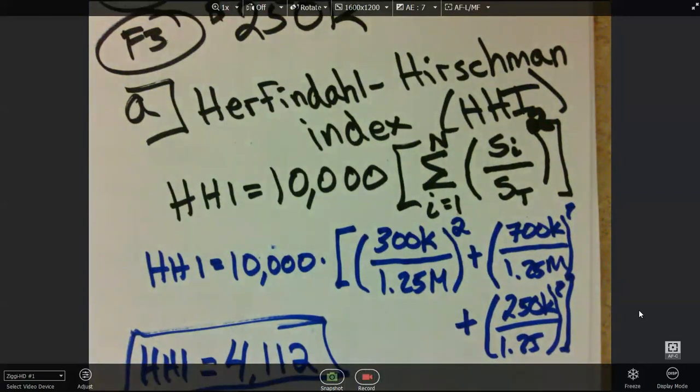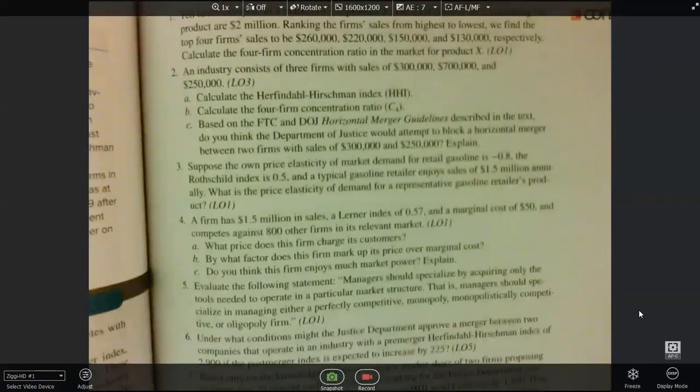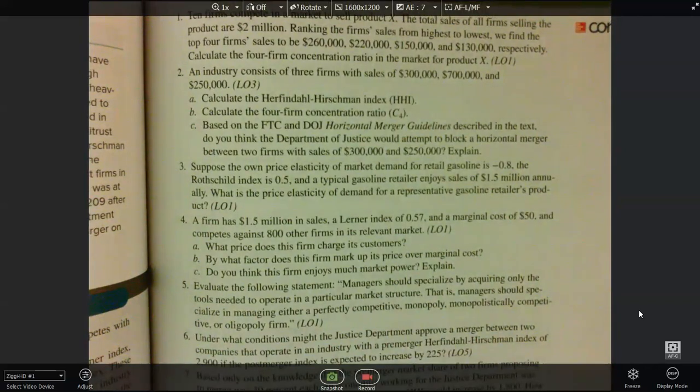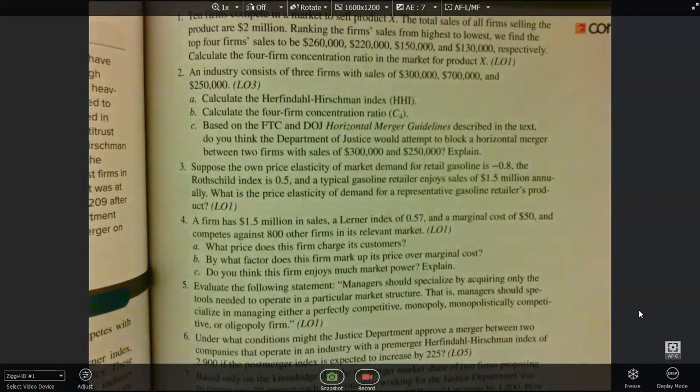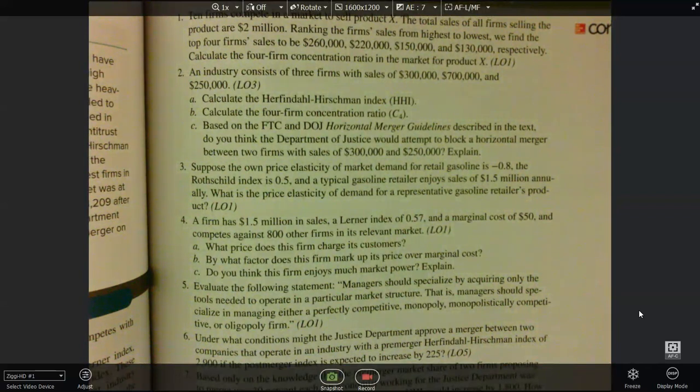Next question. I guess I could just put it up instead of reading it out to you. Let's not calculate the four-firm concentration ratio, but let's do C. Based on the FTC and DOJ horizontal merger guidelines described in the text, do you think the Department of Justice would attempt to block the horizontal merger between two firms with the sales of 300,000 and 250,000?